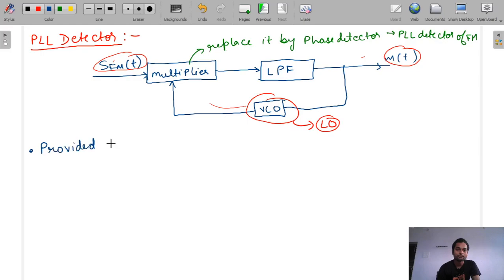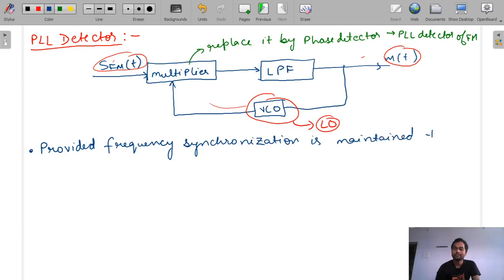Provided frequency synchronization is maintained, let's suppose the frequency synchronization is maintained at the multiplier, then the PLL, that is phase lock loop, is said to be in locked mode. अगर frequency synchronized है, then this PLL is said to be in locked mode.